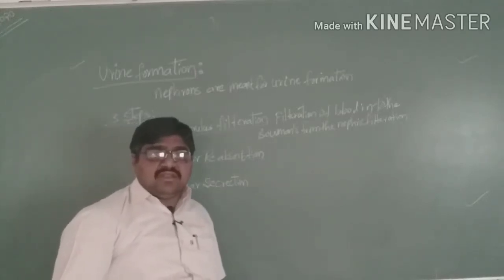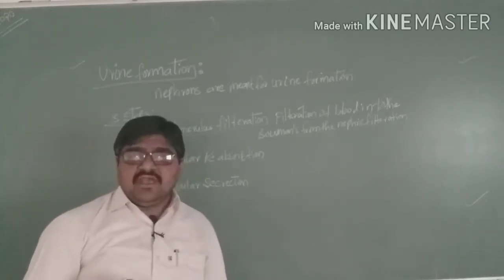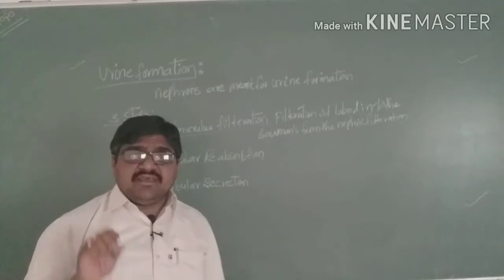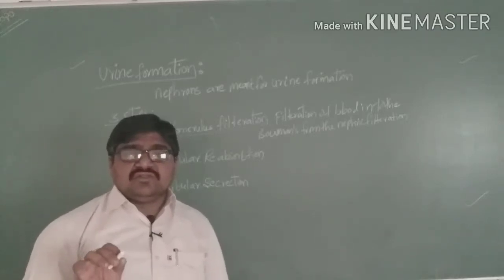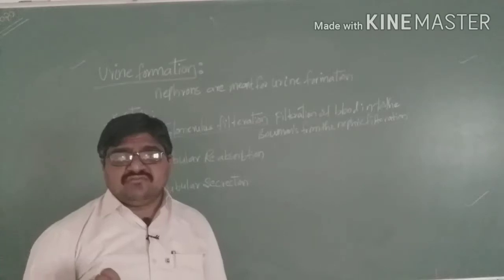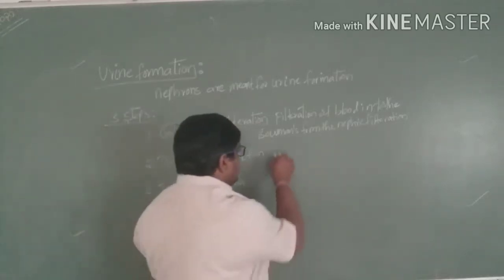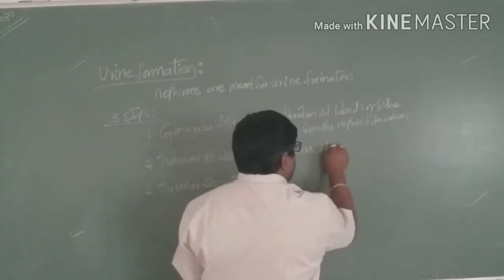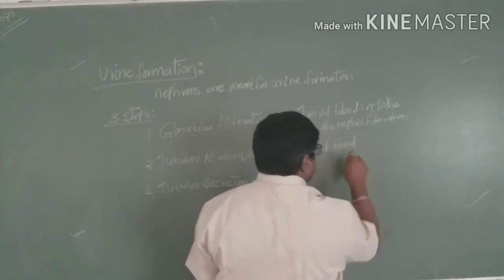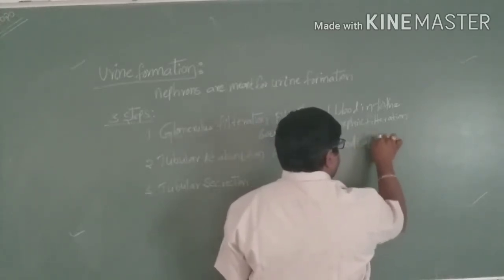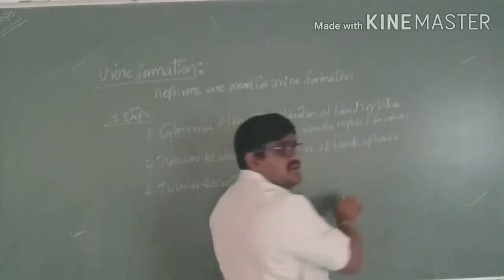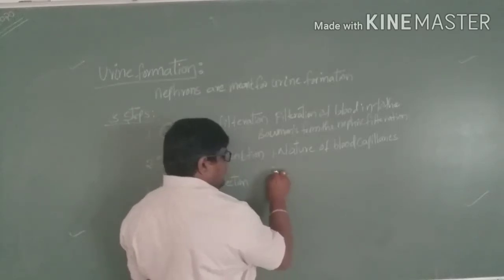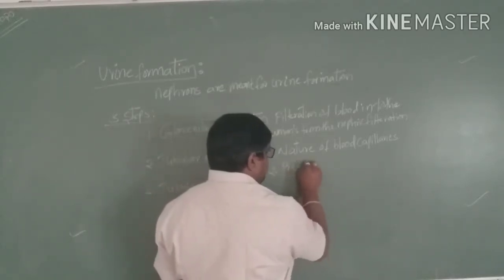Glomerular filtration takes place mainly by two factors. The first is the nature of the blood capillaries, and the second is the pressures operated.